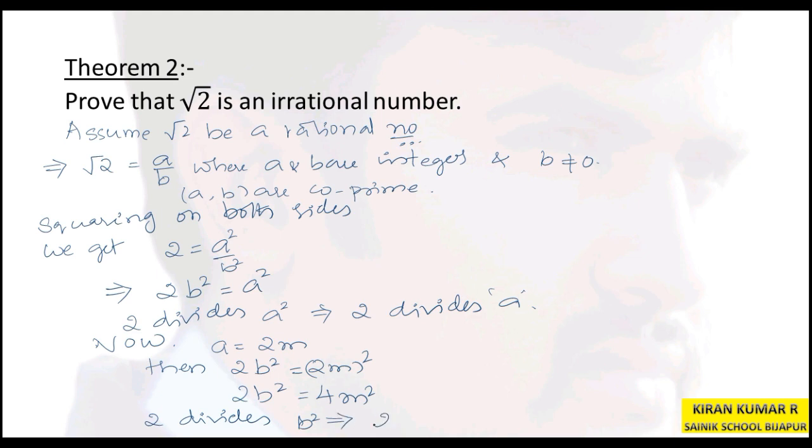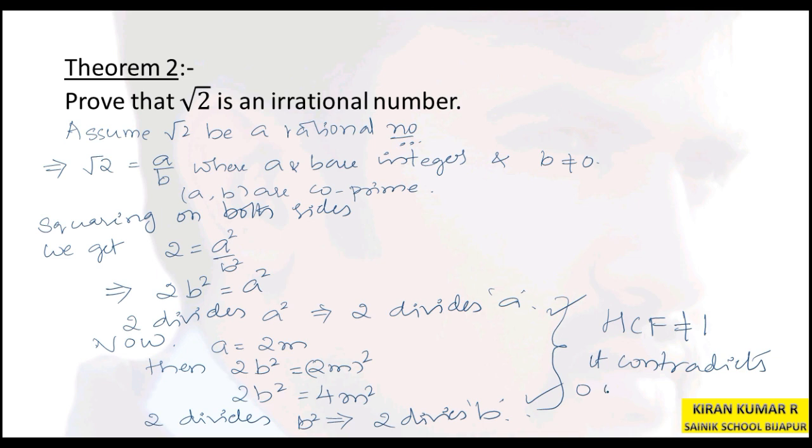This implies 2 divides b. So considering these two, we can say that the highest common factor is not equal to 1. Thus it becomes equal to 2. Therefore, it contradicts our assumption. Therefore, root 2 is an irrational number.